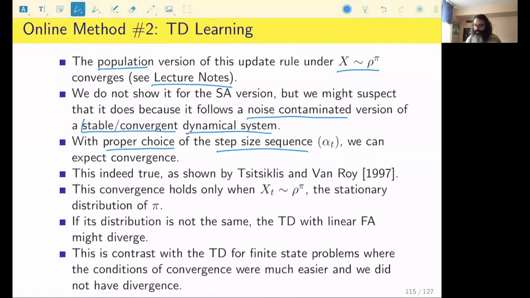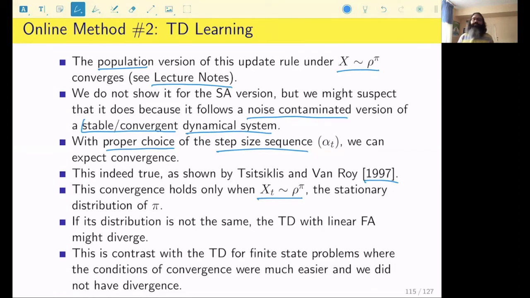And this is in fact true. This was shown in '97 by John Tsitsiklis and Benjamin Van Roy. That is considered one of the seminal and important papers in RL, where they prove that TD with linear function approximation converges. A comment is that the convergence holds only when samples come from the stationary distribution of pi.